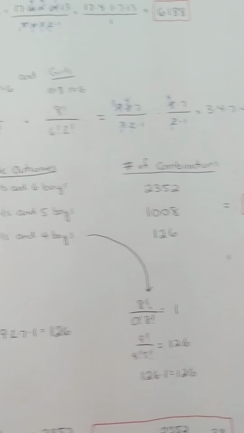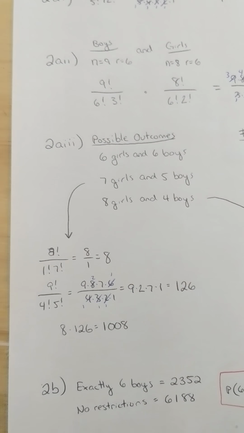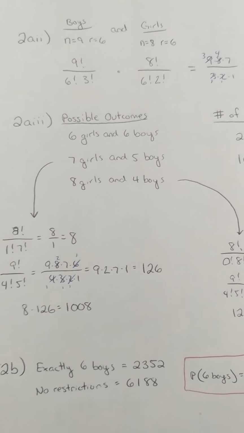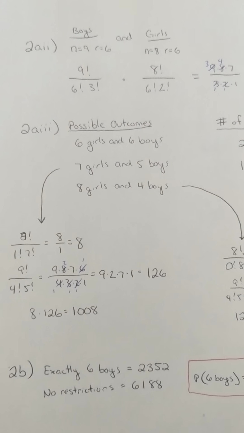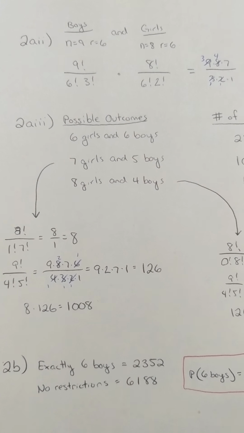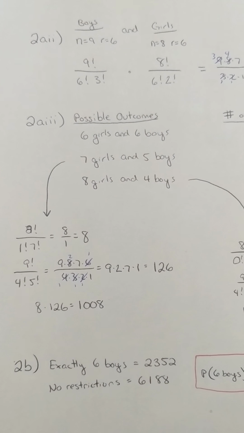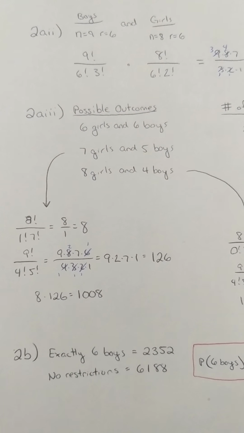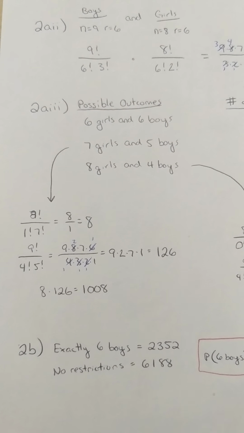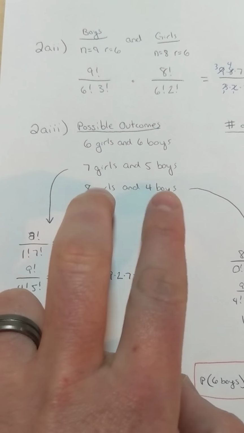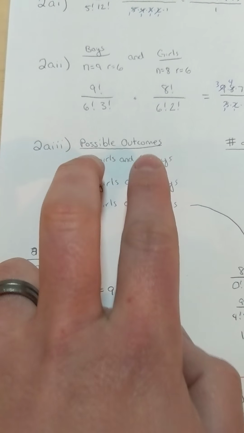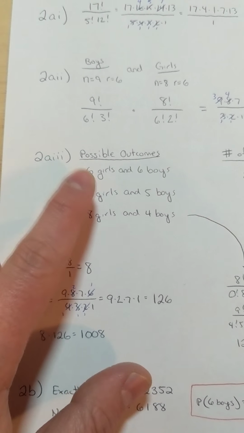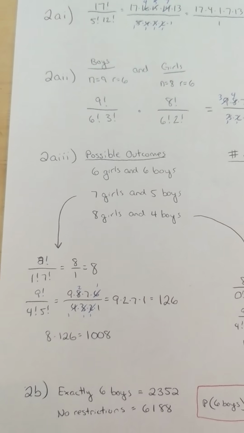Now the next one was the hardest one, I felt, because you had 3 different outcomes. If you watch the example I posted about golf balls, this was the same thing as the blue and the pink golf balls. And so you want 6 girls and 6 boys, or you would like 7 girls and 5 boys, or 8 girls and 4 boys. Notice how the sum of the combinations add up to 12, 12, and 12, because we're still picking 12 people. So we want this to happen, or this to happen, or this to happen.